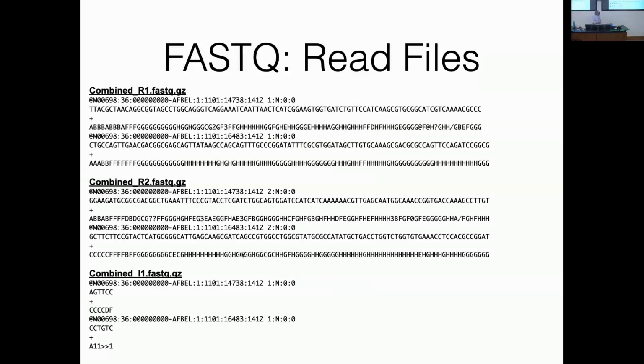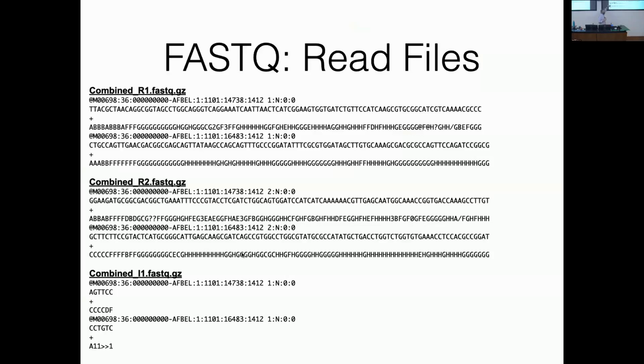Okay, so I want to dive in a little bit deeper into the FASTQ file. So I just told you what the required format of a FASTQ file is: @ sign, header, sequence, plus sign. You can have the header again if you want, not required, and then quality score.